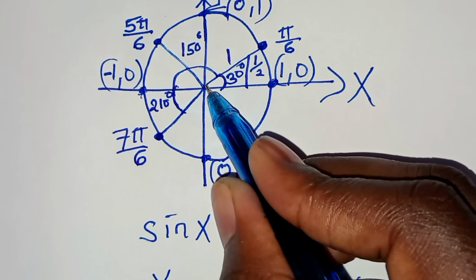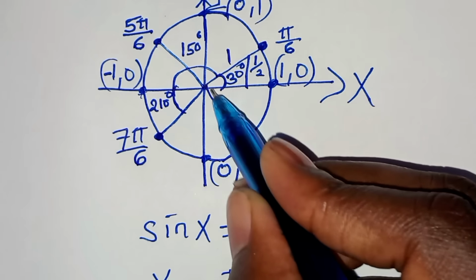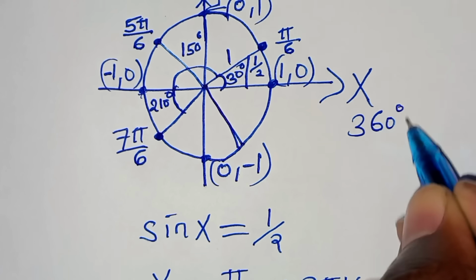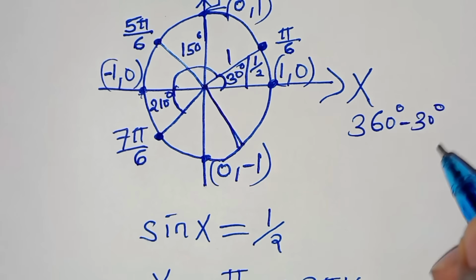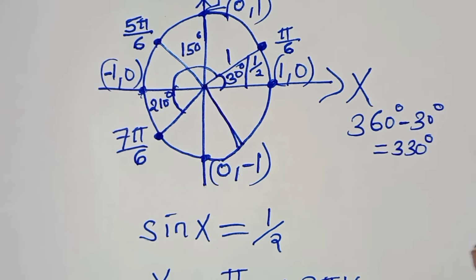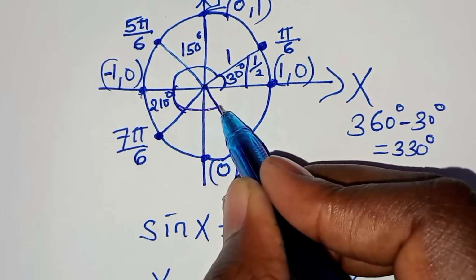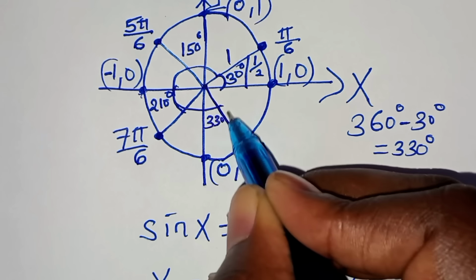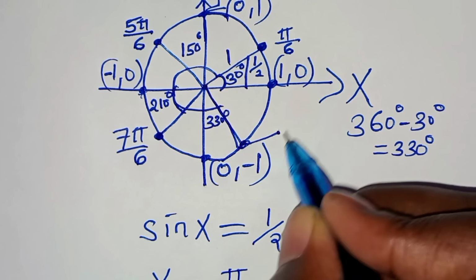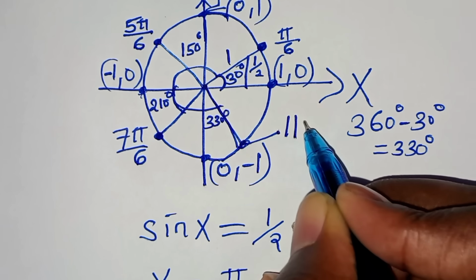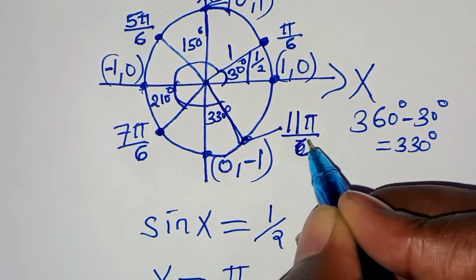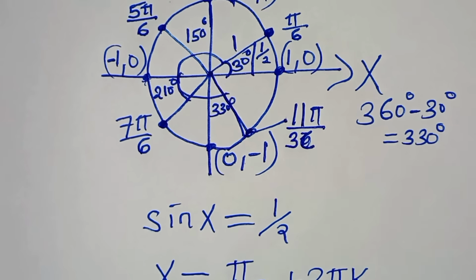Then we have also another angle here, which is 360 degrees subtract 30 degrees, and this is the same thing as 330 degrees. So we have 330 degrees. So in terms of radians, this is the same thing as 11 pi over 6.